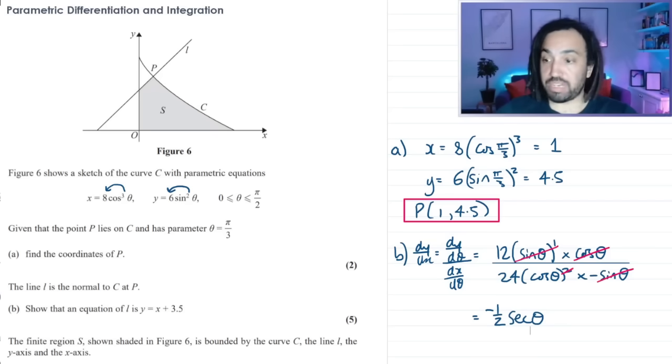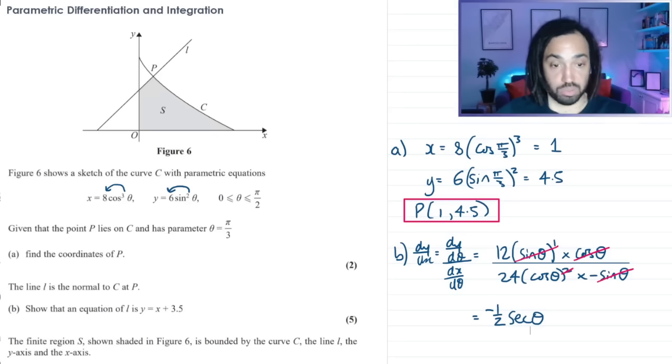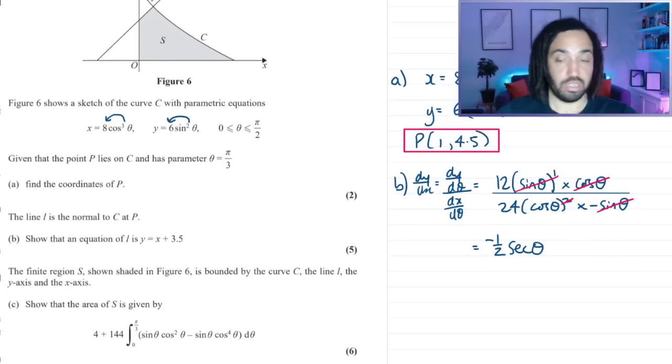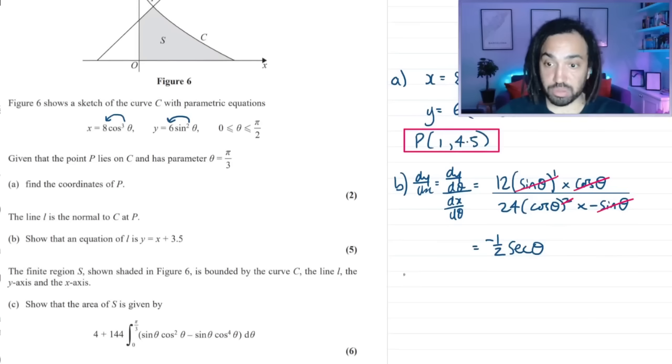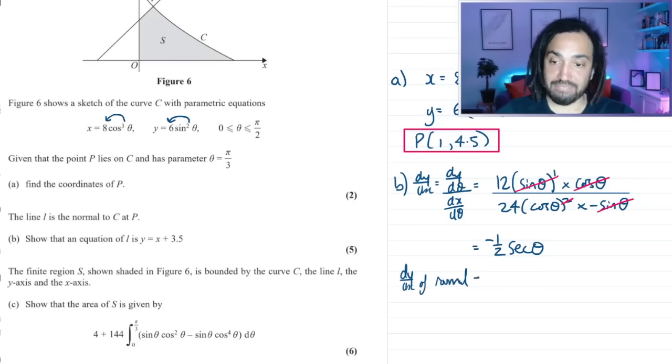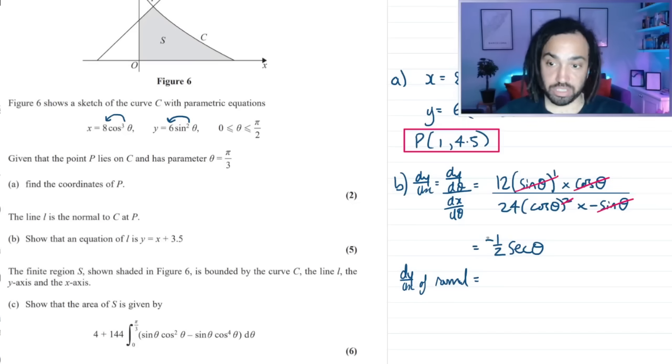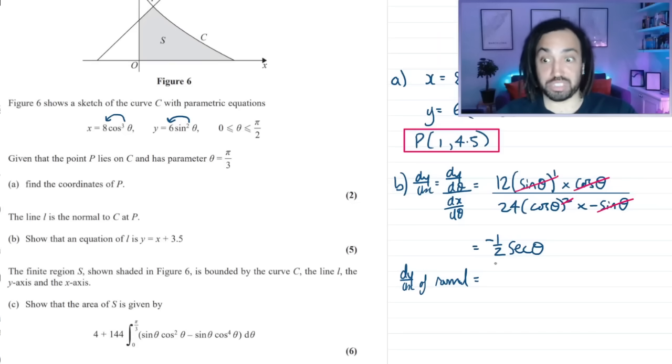Okay, but now we're looking for the normal gradient, aren't we? So we're going to need to use the negative reciprocal. So the dy by dx of the normal is equal to the negative reciprocal of this. So the negative means you take the negative, and there's a negative there already, so it becomes positive.